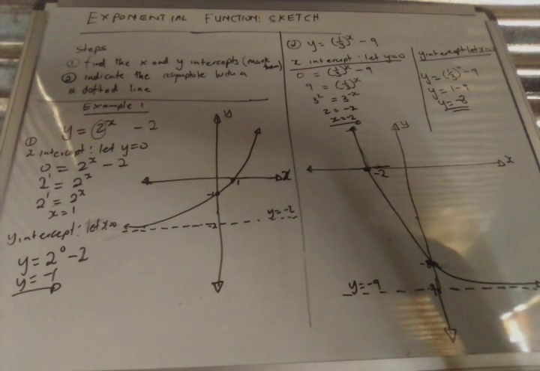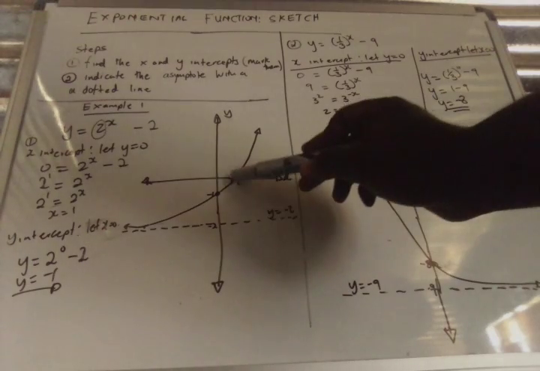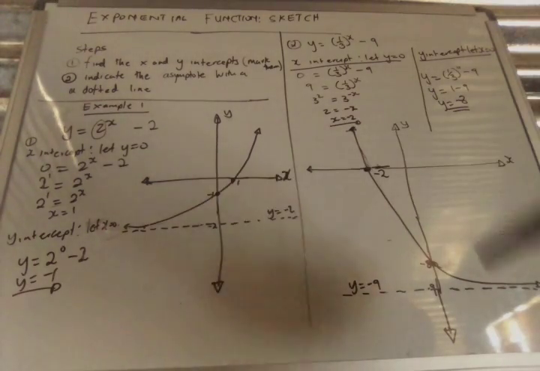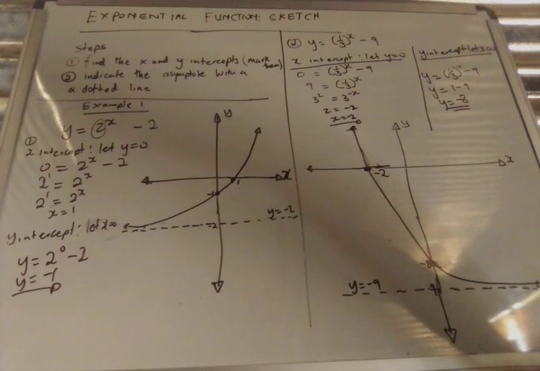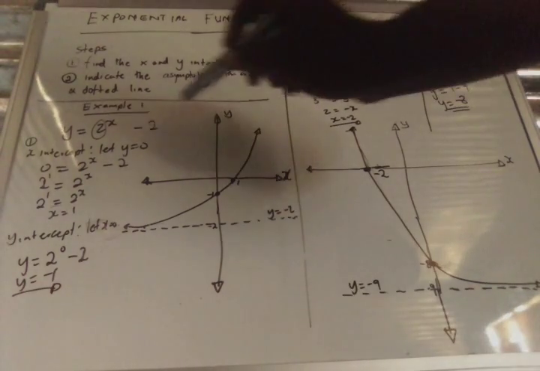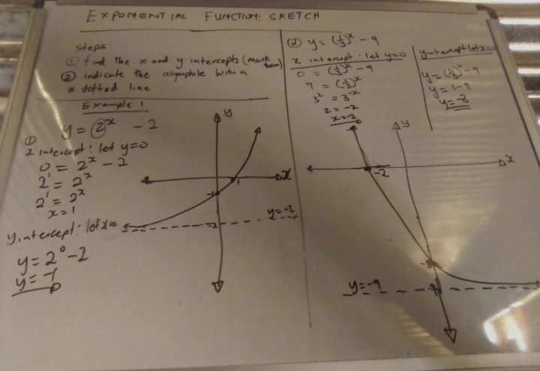After finding those x and y intercepts, we just mark them on the graph, which is what I did here. From there you indicate your asymptote. Our asymptote is the q, like we explained in the introduction video, that q represents our asymptote.